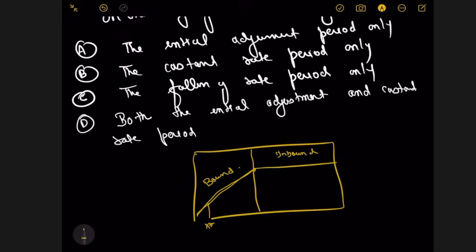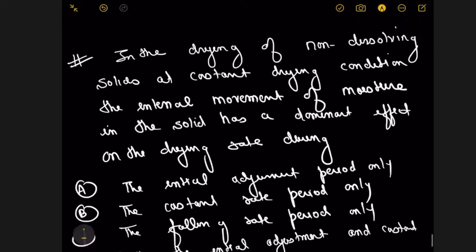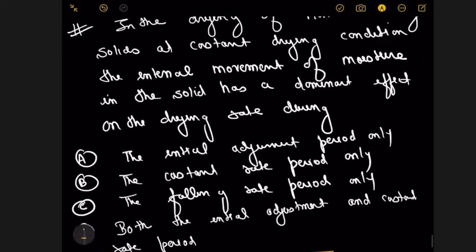If you see this question, what is told: in the drying of a non-dissolving solid at constant drying condition, the internal movement of moisture in the solid has a dominant effect on the drying rate during. The initial adjustment, no. The constant rate period only, no. The falling rate period, yes.